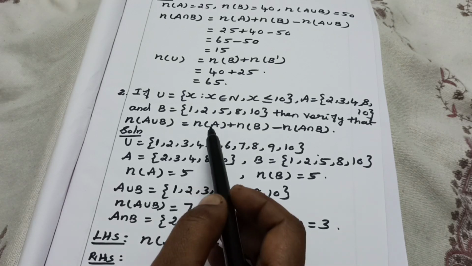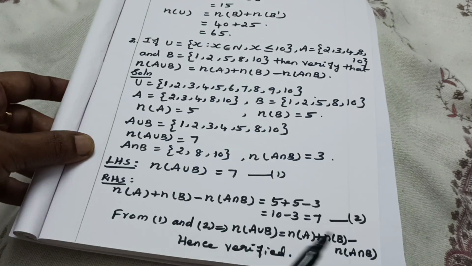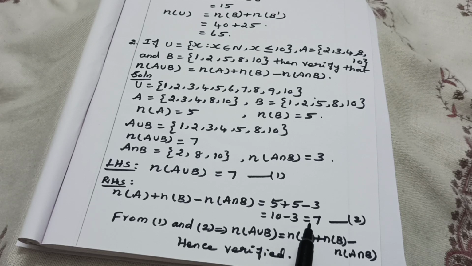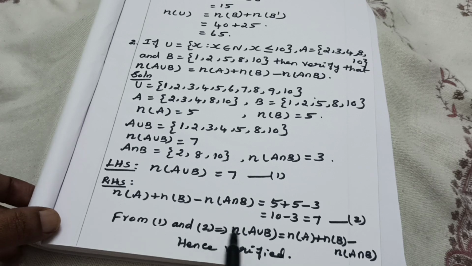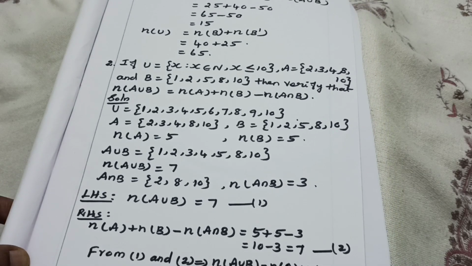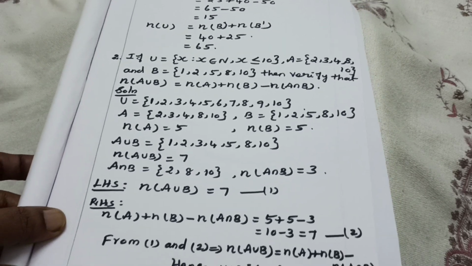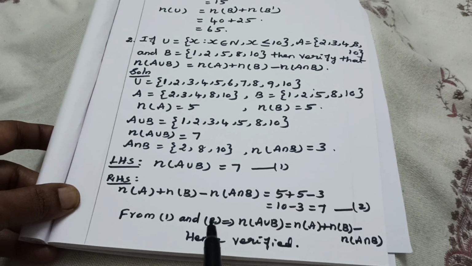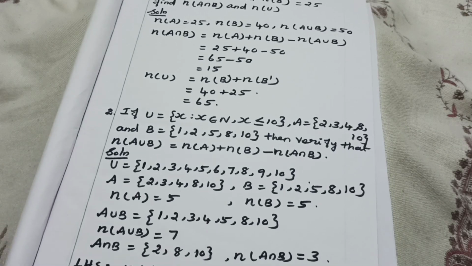Then right hand side also you have to check. Substitute the values, then 7. From 1 and 2, we can write n of A union B is equal to n of A plus n of B minus n of A intersection B. Hence verified. Did you check the answers?